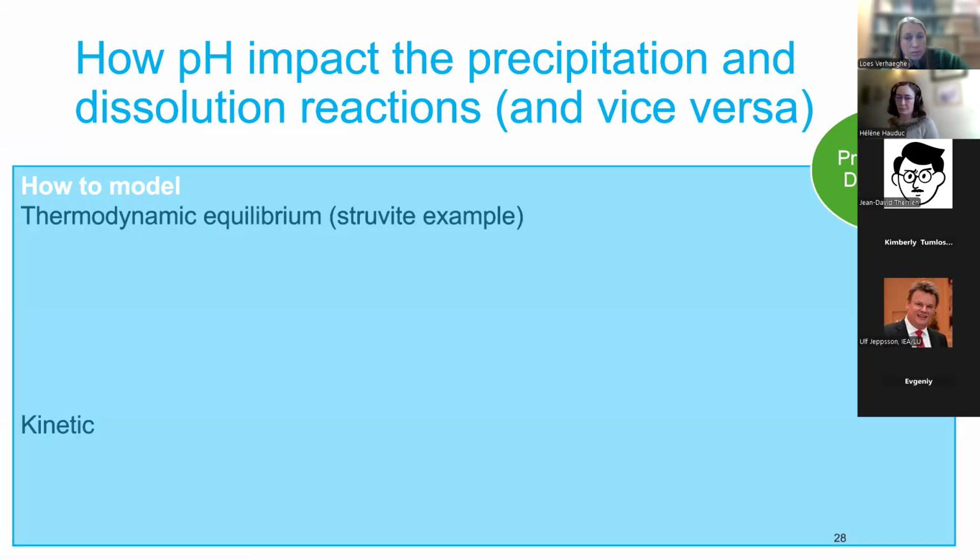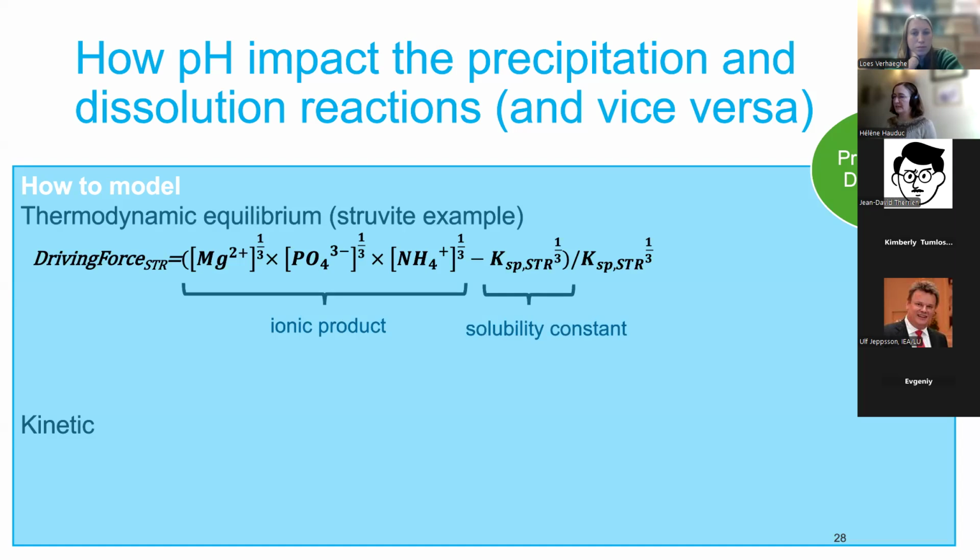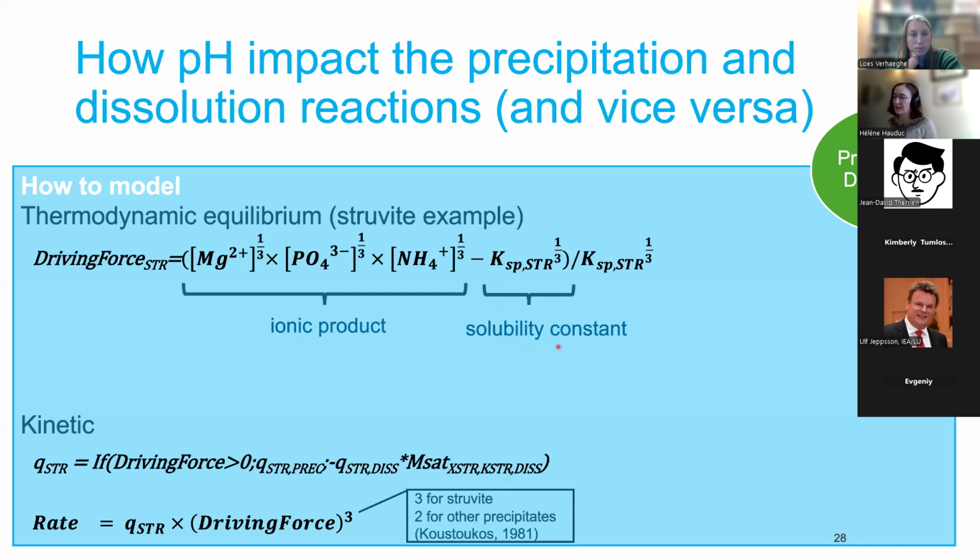I will go pretty fast on those because Kimberly already showed how the precipitation is simulated. So with this ionic product minus the solubility constant, we know if the precipitate will precipitate or will dissolve eventually.